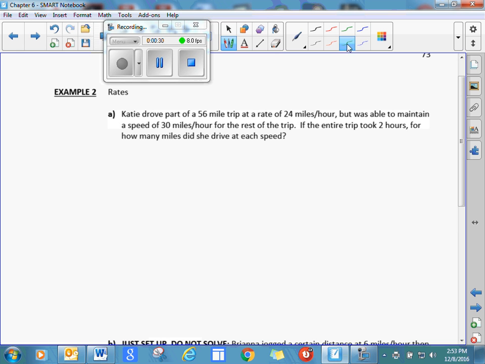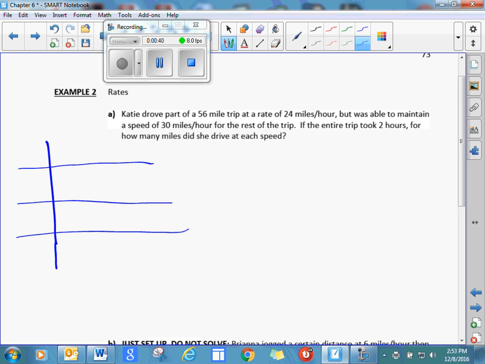So let me go see if I've got what color I got going over here. All right, so the chart is going to be familiar to you. I hope you've already read the problem because I'm going to just start filling this in. There were two parts to her trip.